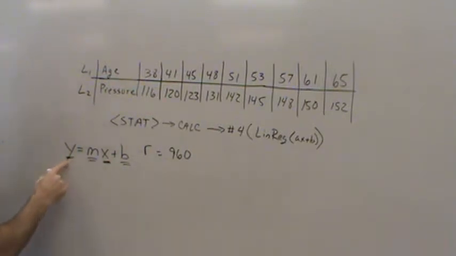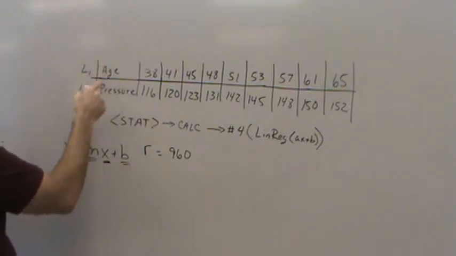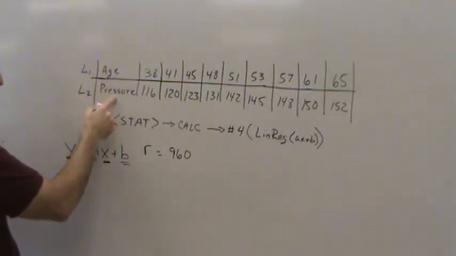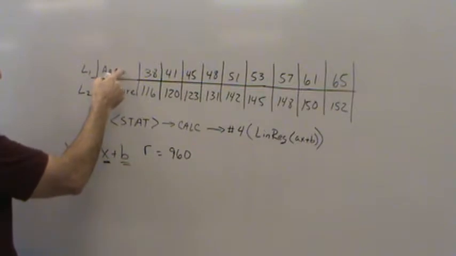When it comes to y, we want to make sure it's whatever we're trying to predict, the one that depends on x. Well, which one depends on which one? Well, blood pressure depends on your age, right? So blood pressure, it seems like, depends on how old you are.